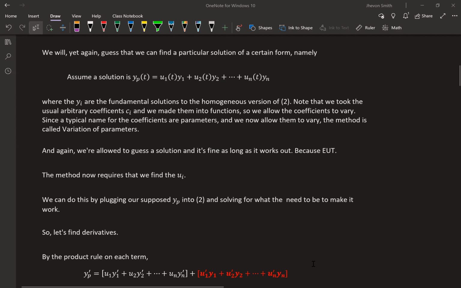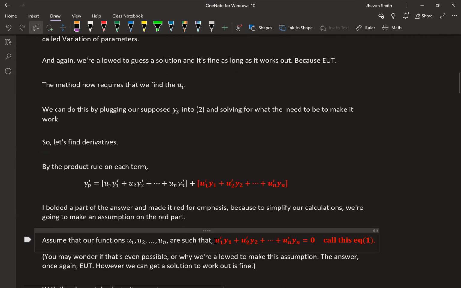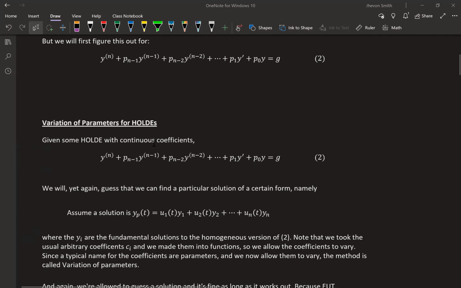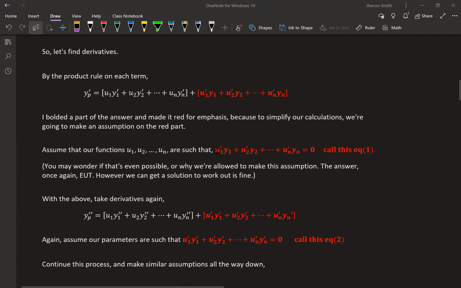Now, again, because we only care about some particular function, we don't have to be as general as we can possibly be. What we do to make our calculations a lot easier is we pretend that this side here, which is what I have in red here, is just 0, just to make it easier. So I assume that my functions aren't only functions that when placed in the YP will solve the ODE, but they're also functions such that they will make this equation equal 0, which seems like a very weird requirement.